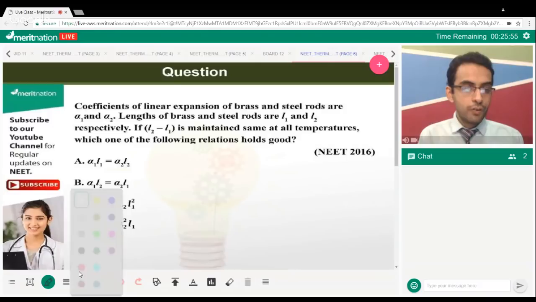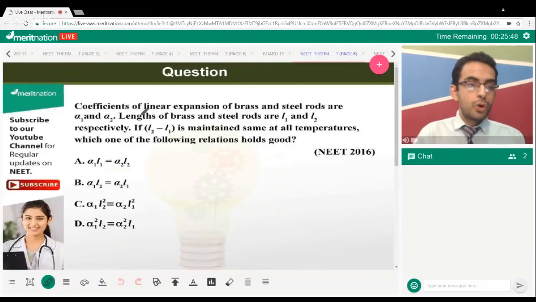Now this question is from thermal expansion. The coefficients of linear expansion of brass and steel rods are alpha 1 and alpha 2. Lengths of brass and steel rods are L1 and L2 respectively.